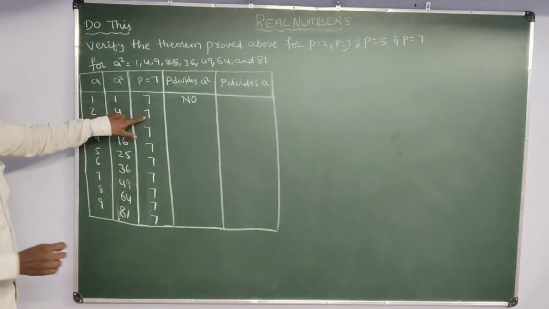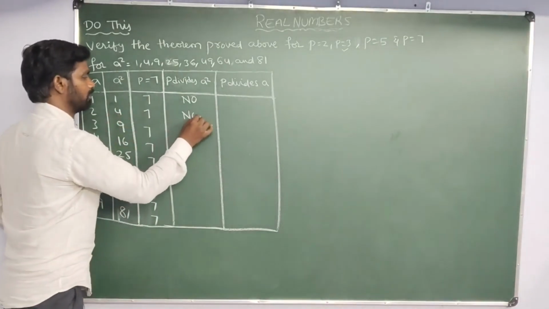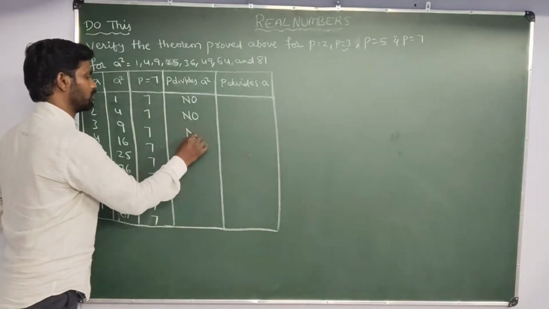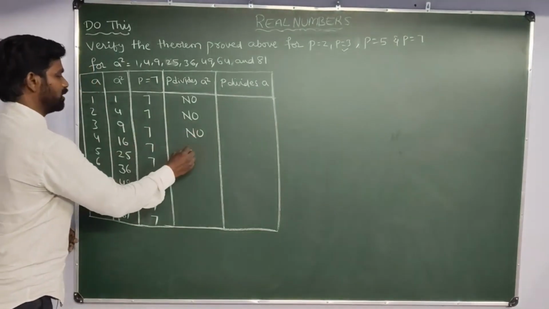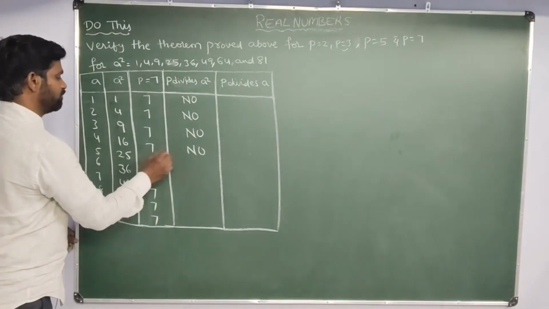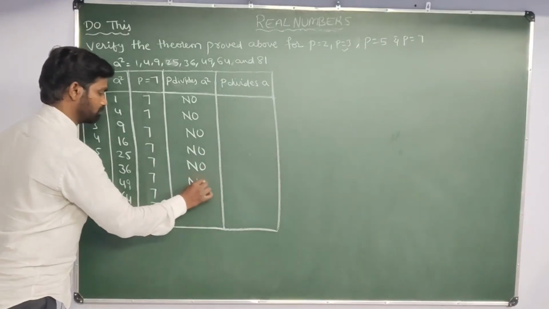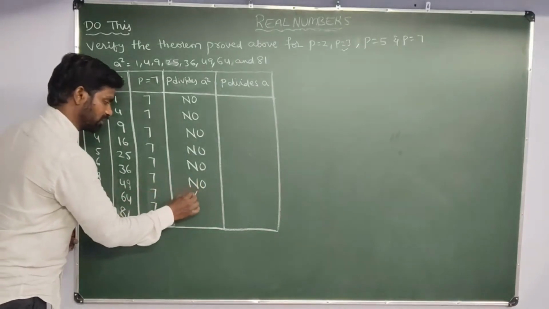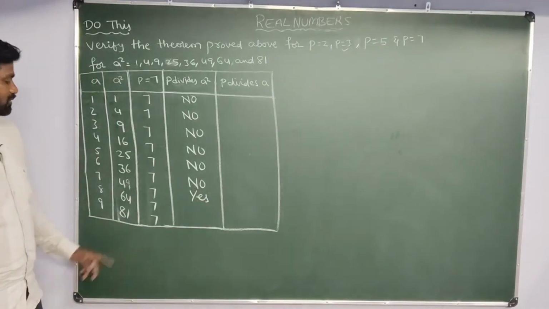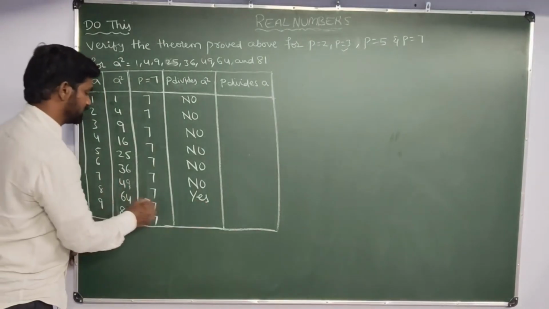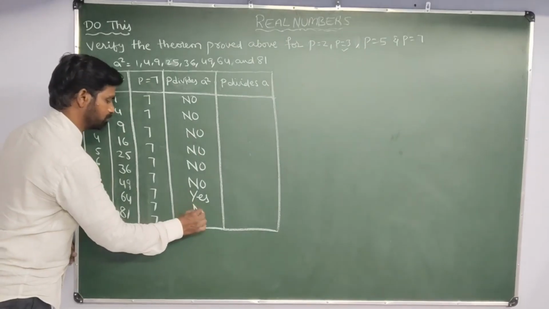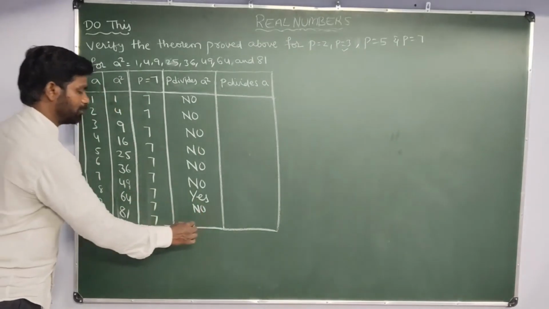Next, is 4 divided by 7? No. Next, is 9 divided by 7? No. Is 16 divided by 7? No. Is 25 divided by 7? No. Is 36 divided by 7? No. Is 49 divided by 7? Yes, 7 divides 49. Is 64 divided by 7? No. Is 81 divided by 7? No.